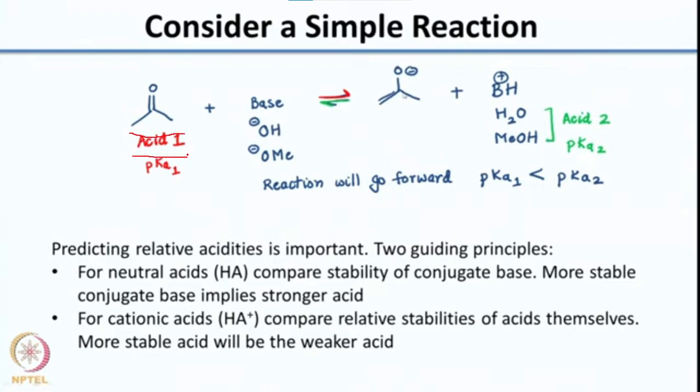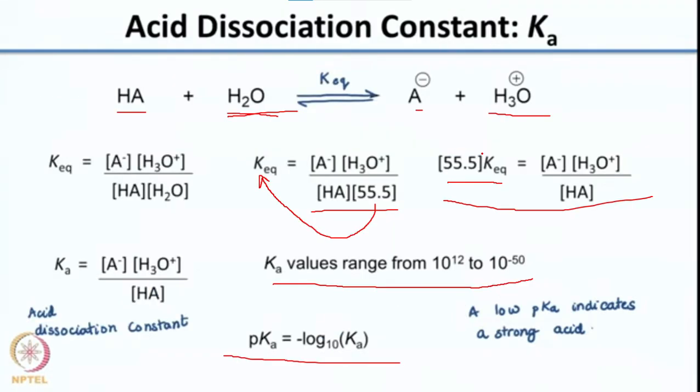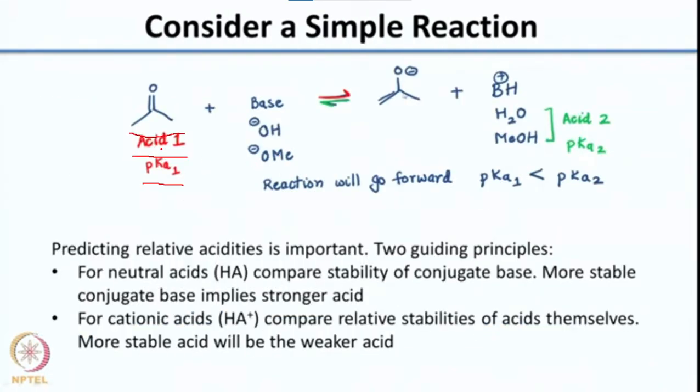Acetone is labeled as acid 1, which has some pKa value, right? And while it undergoes a reaction, it gives its conjugate acid and conjugate base, right? We have discussed it here. Conjugate base and conjugate acid formation is taking place. So this acid will give a conjugate base and this base will give a conjugate acid, right?